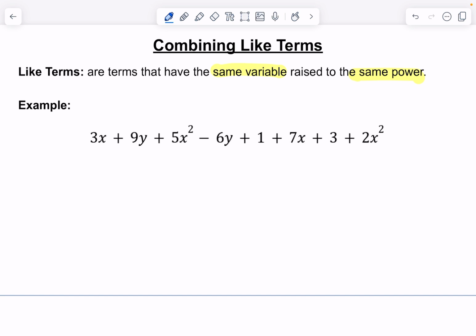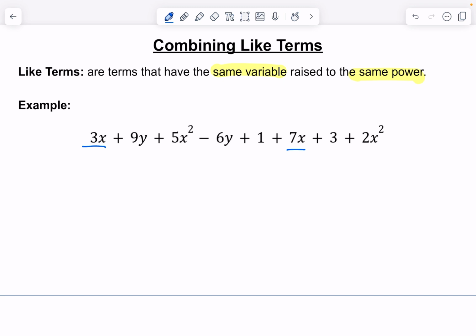The same variable means if it has an x, like this 3x, a like term would be another term that also has an x, which, if you'll notice, 7x also has an x.